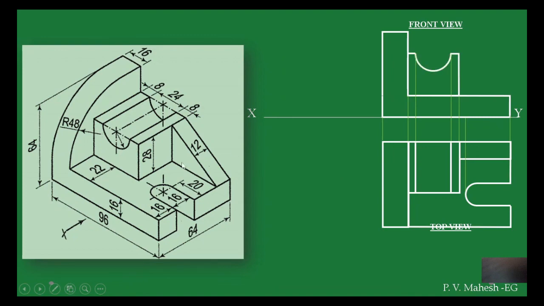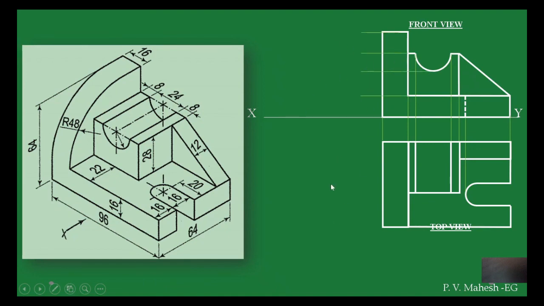Once this U shape is done, you will see this triangle behind that. Now these are the visible lines. Are there any hidden lines? Yes, this corner will look like a hidden line. From here, if I draw the projection, I can easily draw the hidden line. So with this, the front view is completed.